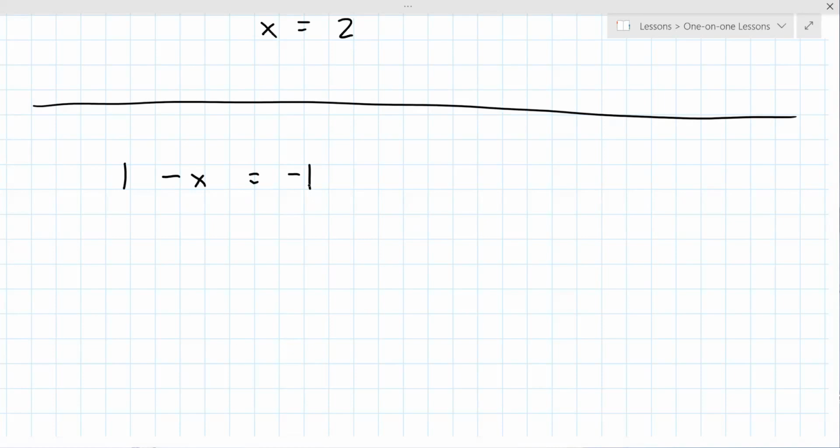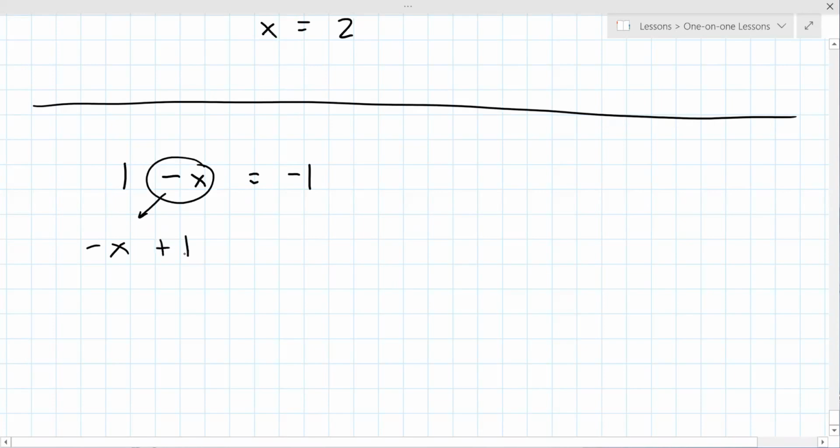Okay, have you rewritten this? Yeah, I did. Minus x, and what goes here? Is it plus or minus? Plus. Plus 1, because there's a plus that's not written, equals minus 1. So how do you undo plus 1? You add. Oh, minus. So okay, that's where I screwed up.